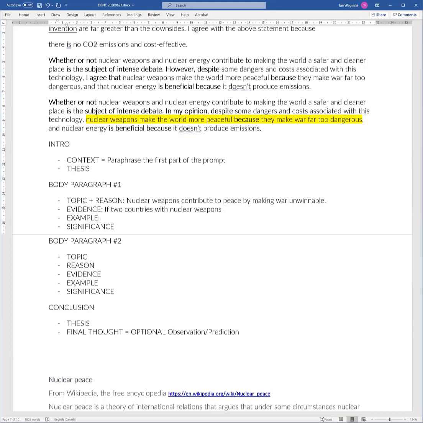If two countries with nuclear weapons usually try to decrease conflict, or they try not to make conflict with any power country that has the same nuclear weapon. So what happens if two countries with nuclear weapons go to war?